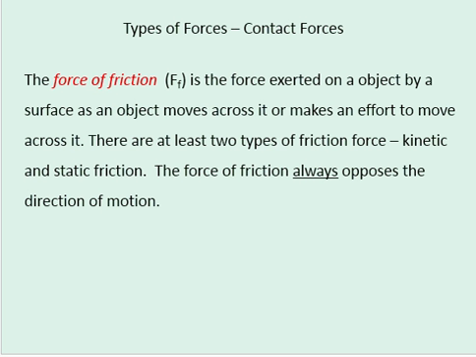The force of friction, you always have to remember, always opposes the direction of motion. So when we're looking at an object that has a net force exerted on it, and it's actually moving or trying to move in a certain direction, friction is always going to be in the opposite direction of that motion. Friction is going to be represented by a lowercase f as the subscript.